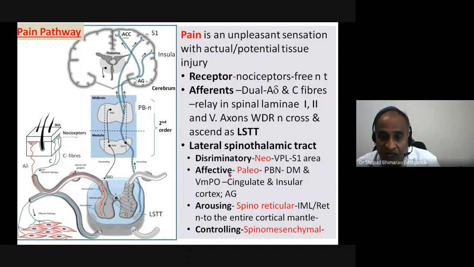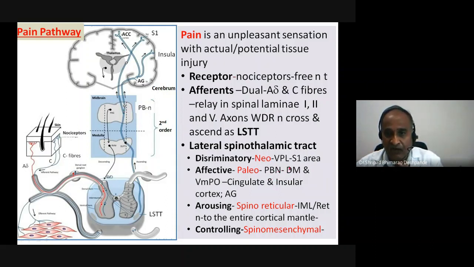Then we have another pathway known as the paleospinothalamic tract. The thalamic nuclei involved here are the dorsomedian nucleus and the ventromedian posterior nucleus of the thalamus. They also go through the reticular system and the parabrachial nucleus.